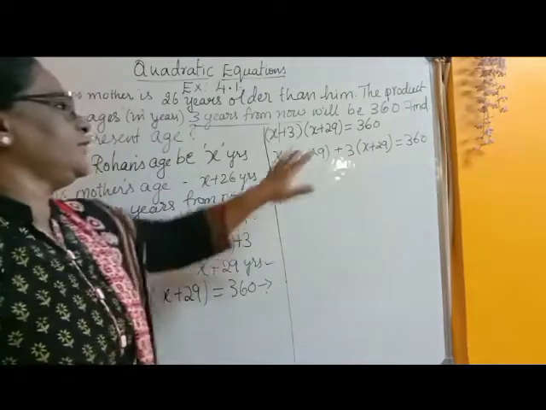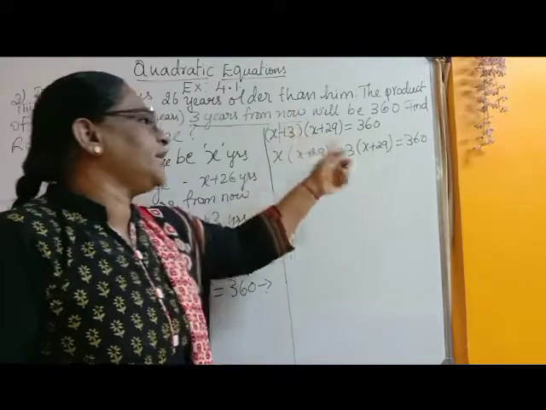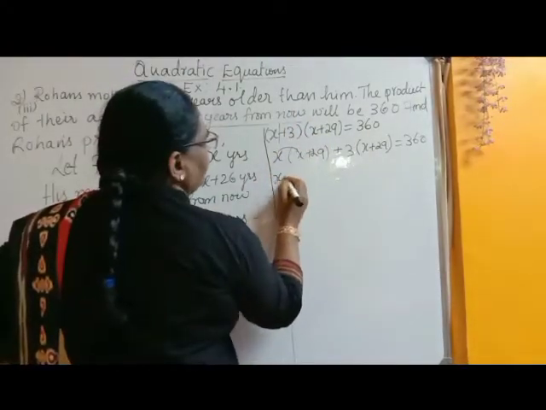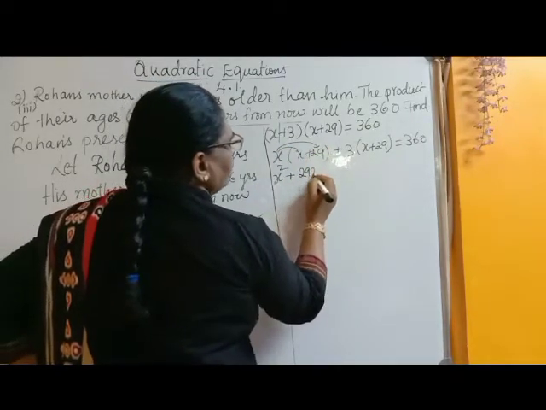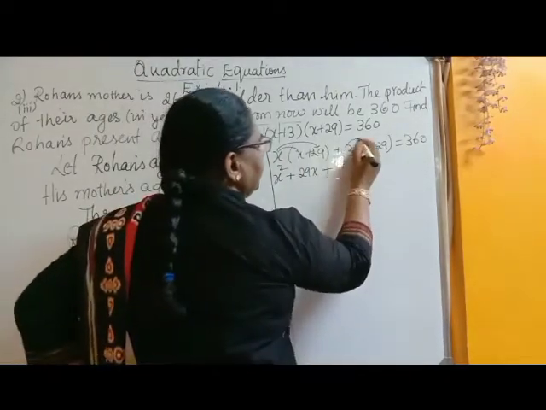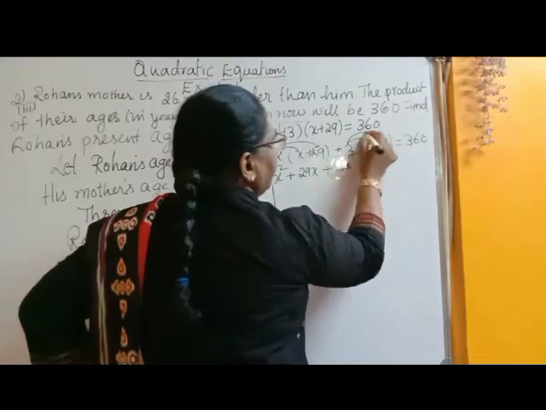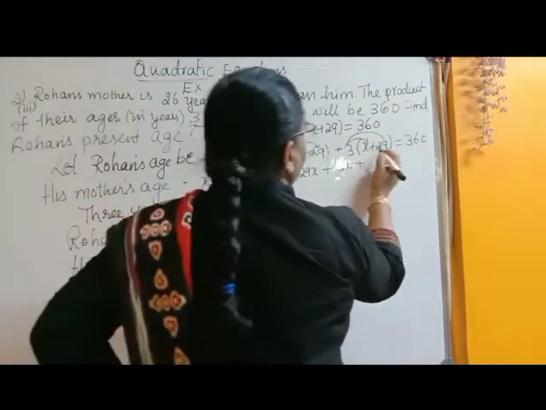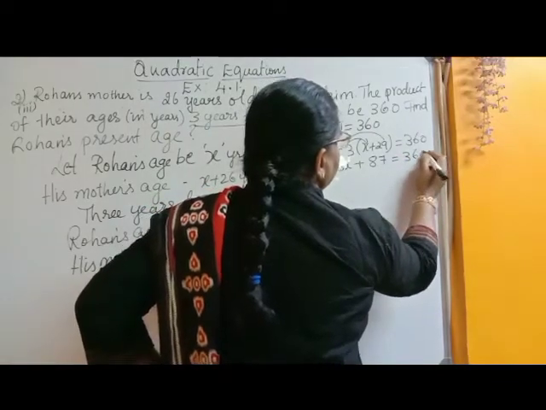First multiply the full second bracket with x and the full second bracket with 3. That is what I have done. Now x into x is x square, plus x into 29 is 29x. This side multiplication is over. Now plus 3 into x is 3x, plus 3 into 29 is 87, is equal to 360.